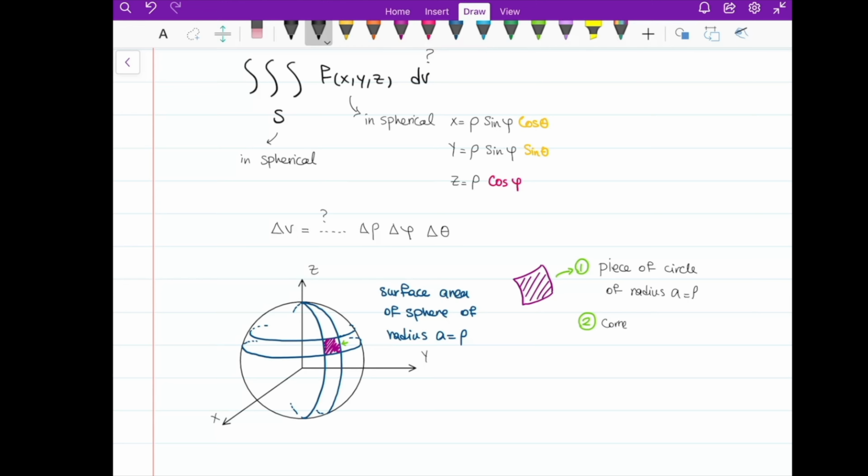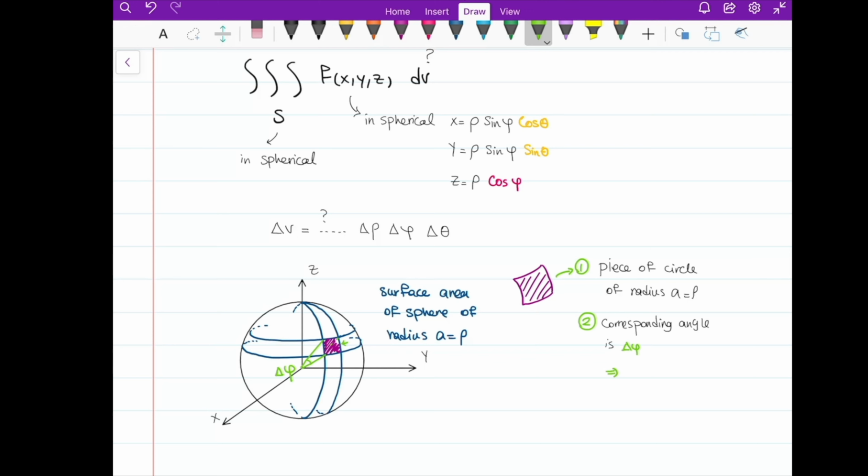The corresponding angle, because it's between this circle and the bottom circle like this, would be delta phi, right?